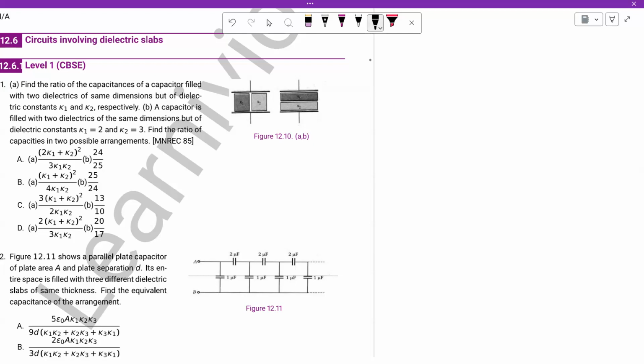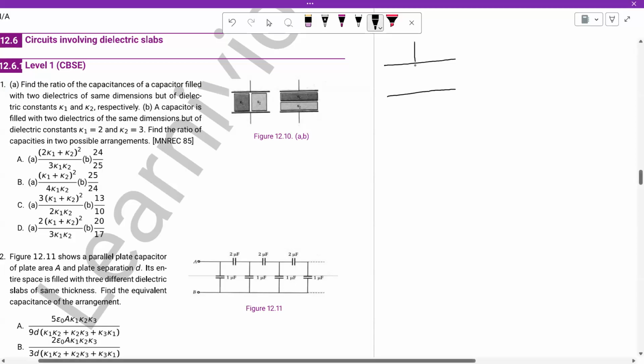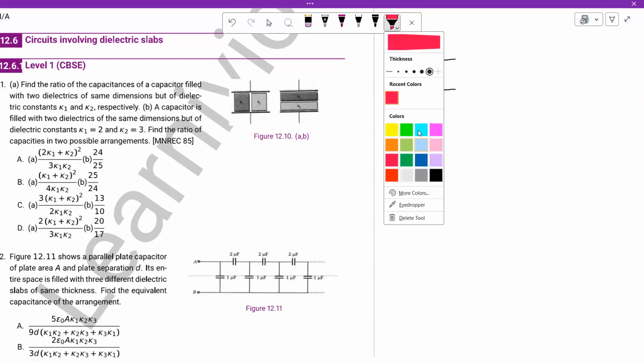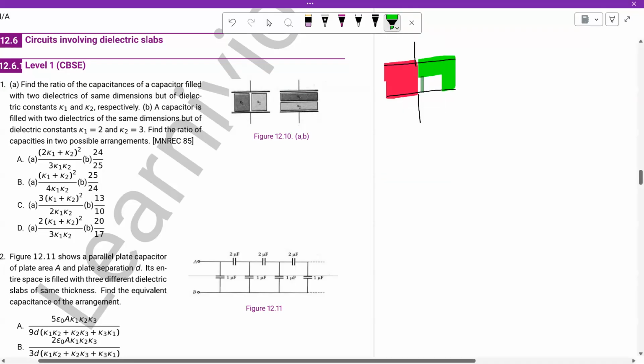So the first diagram is this one. And the dielectrics are like this. Now let us see what kind of connection there is.